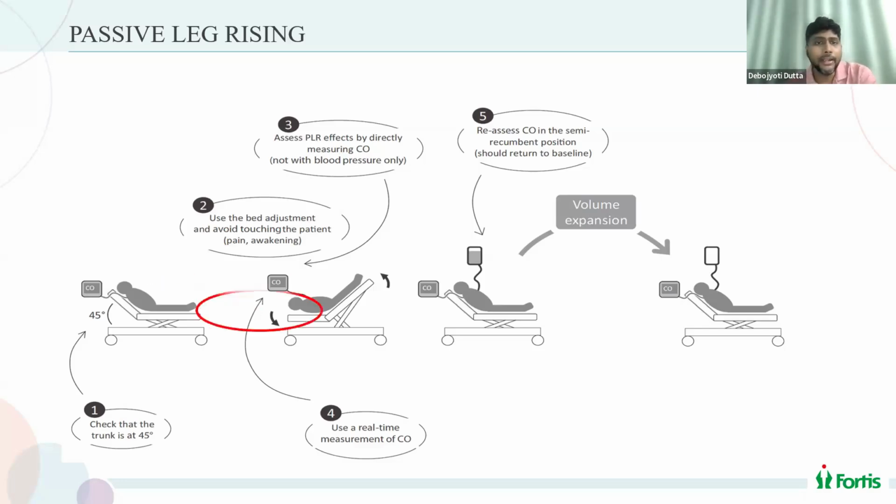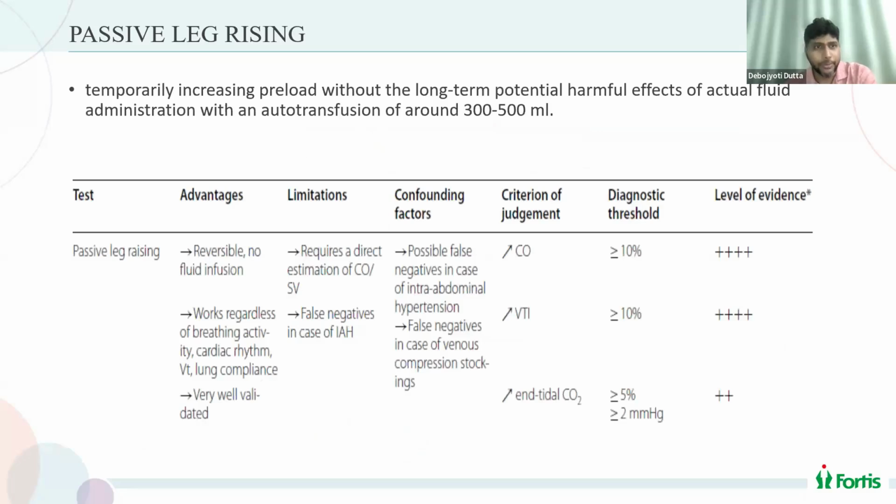So this is the way of PLR, but it needs real-time measurement of the cardiac output. Or else we can also see the changes in the VTI in real time, like more than 10%, which is also quite accurate for measuring fluid responsiveness in the passive leg raising test. So what is good about the PLR? It does not depend on whether the patient is on ventilation or not, whether the patient is continuously ventilated, with continuous respiration or not.